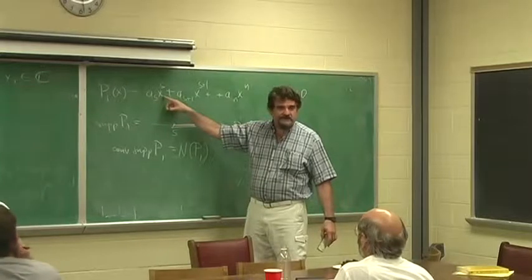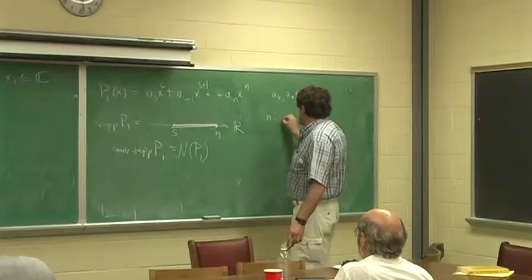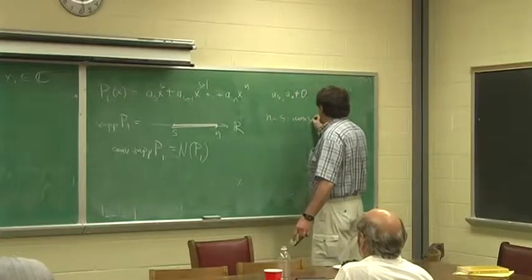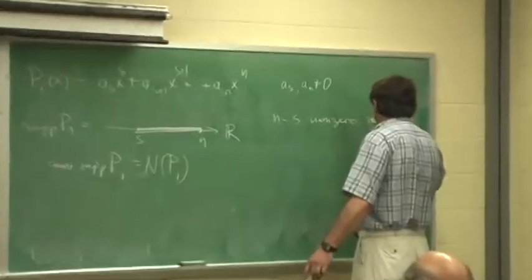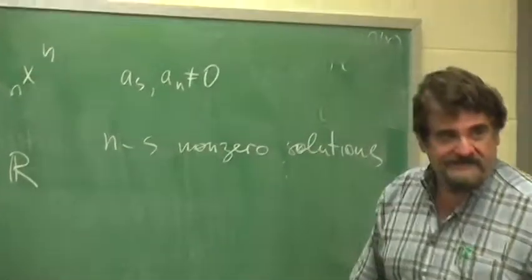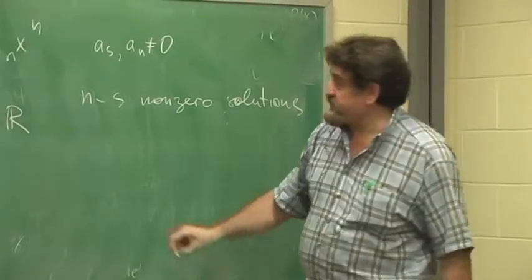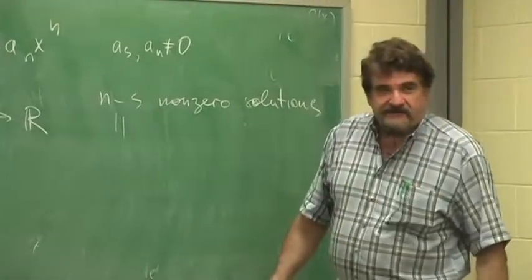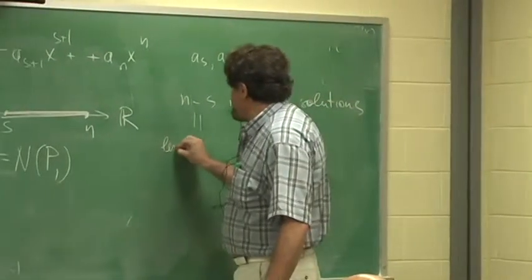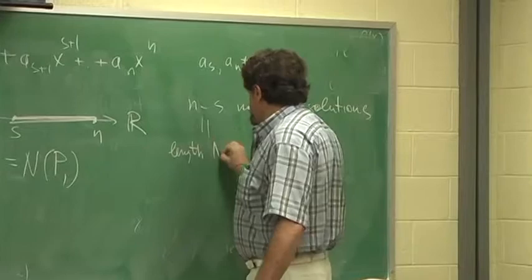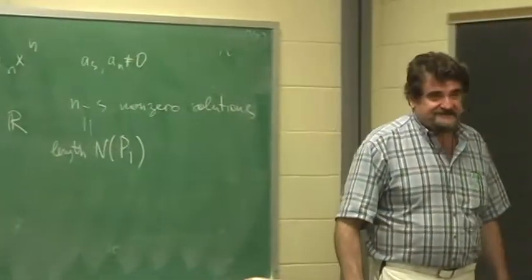So how many non-zero solutions? n minus s. Trivial. Senior kindergarten. For some strange reason, this happens to be the length of the Newton polygon.